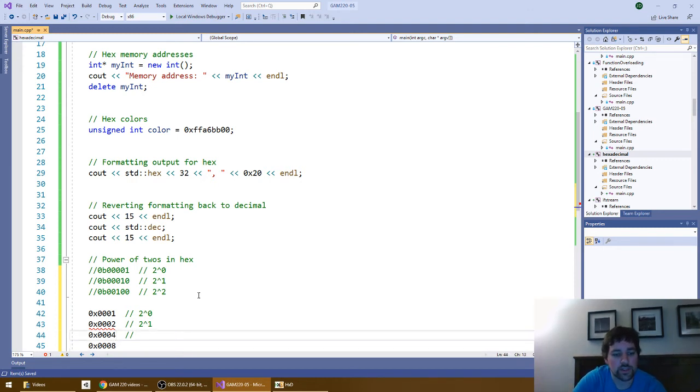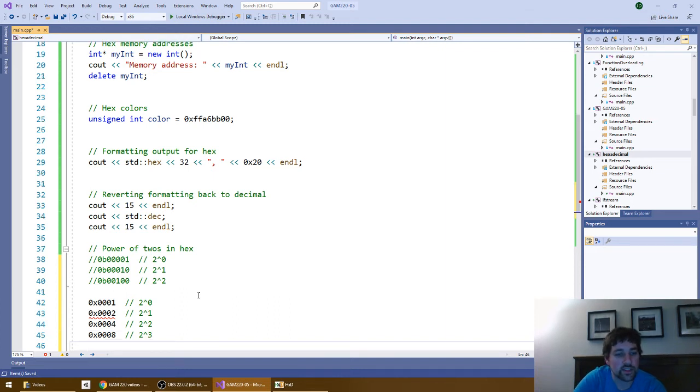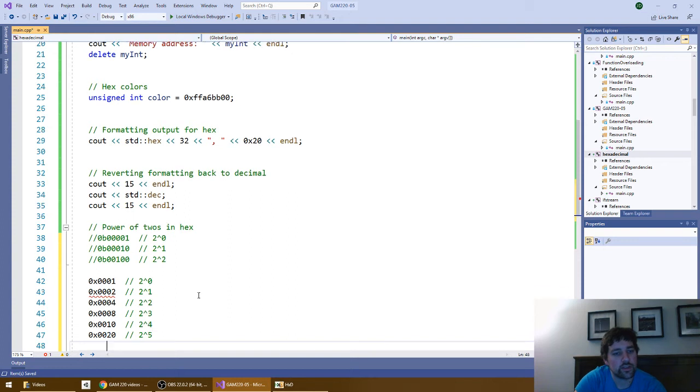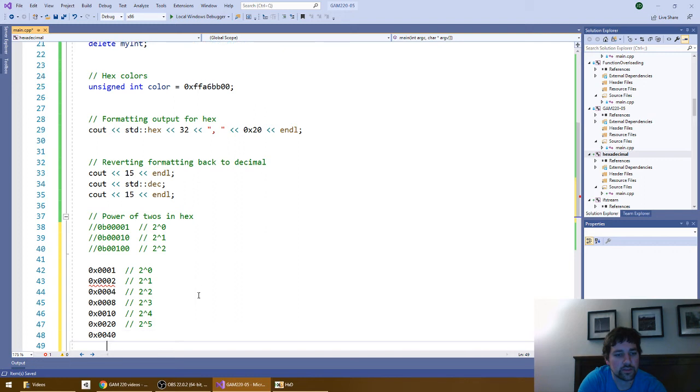So it kind of seems like our normal decimal system, but that's because we haven't gotten over 10 yet. Once we get to 16, remember 16 is 10 in hex, so this is 2 to the 4th. This is 2 to the 5th, and you can keep going and you'll start to see a pattern.